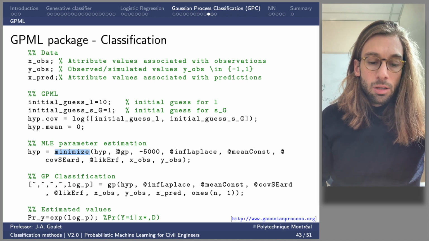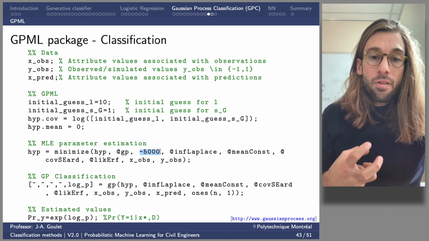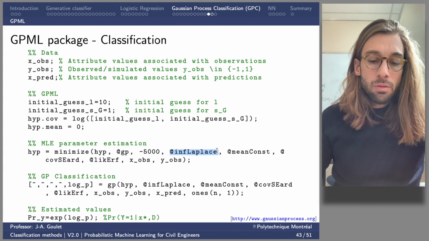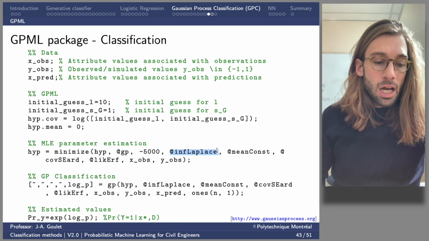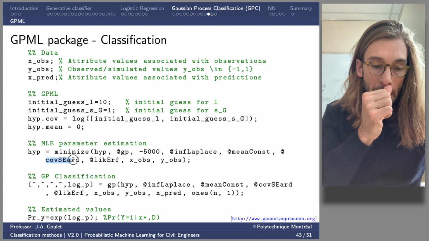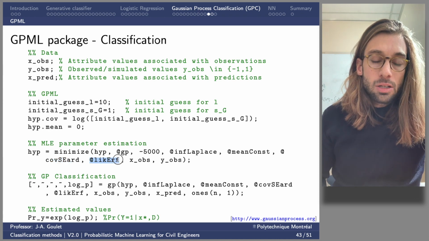So here we say to take as many steps as you want to find the best value. And here our inference method is going to be the Laplace inference. Okay, the same thing as we've seen together previously. The mean function is constant with mean 0. We have a squared exponential covariance function. And we use the error function as our likelihood.